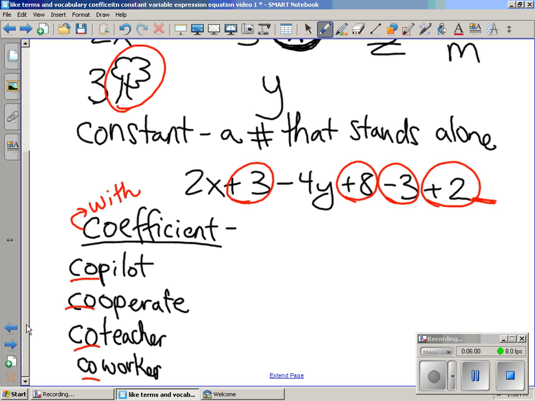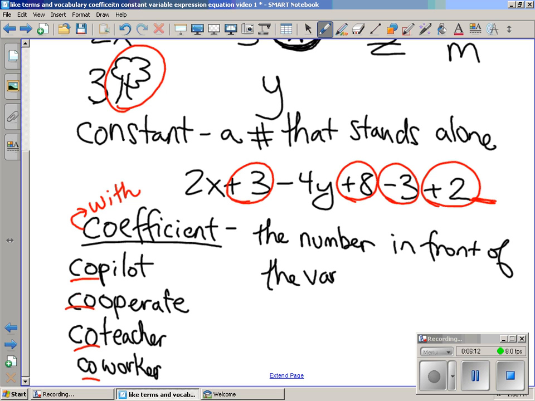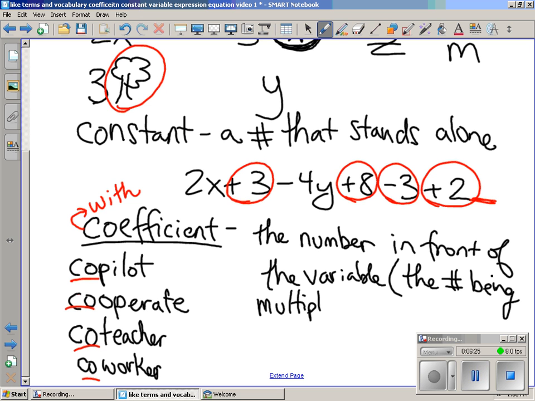So a coefficient is the number in front of the variable. And then in parentheses, I'm going to write the number being multiplied by the variable.